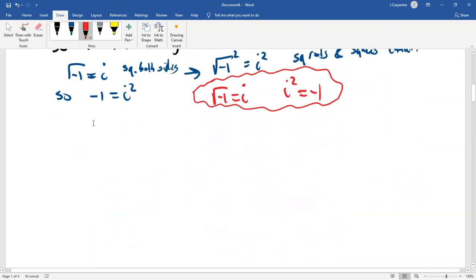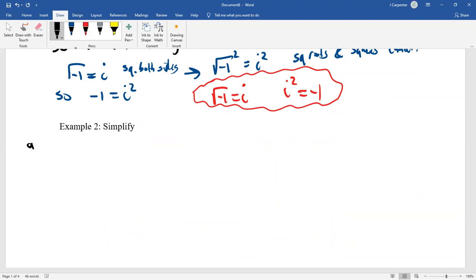All right, so example 2. Simplify. Once again, get back to black. We've got 3 plus 5i in parentheses plus 6 minus 3i in parentheses.